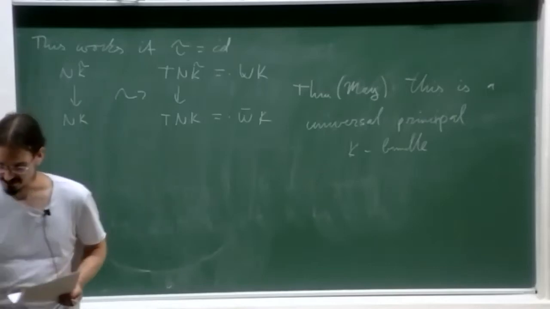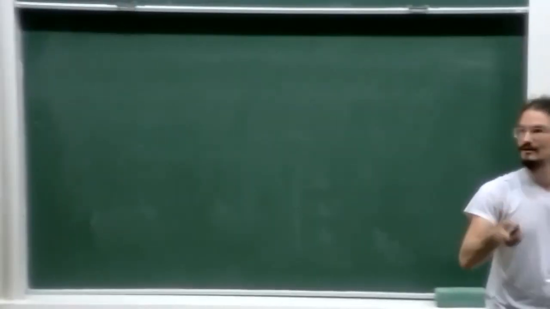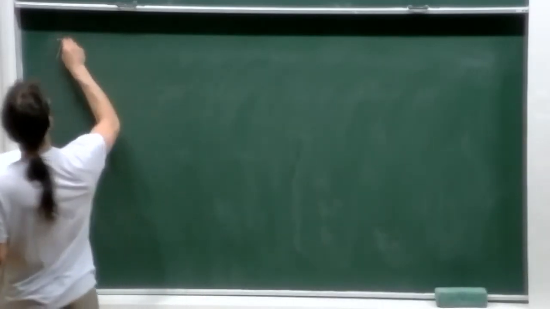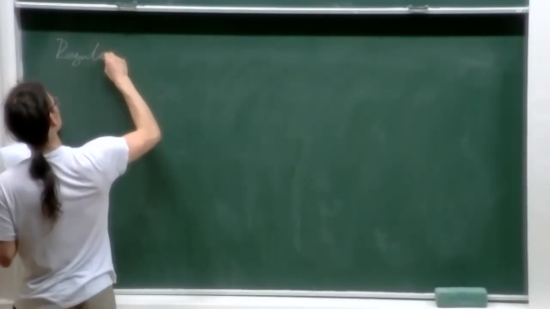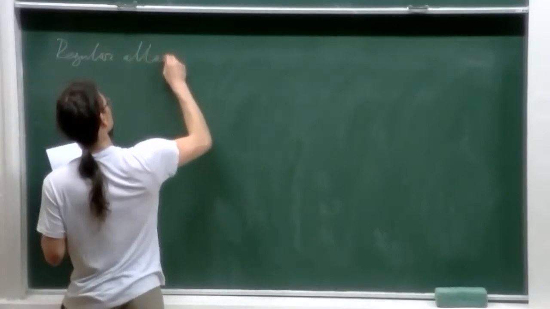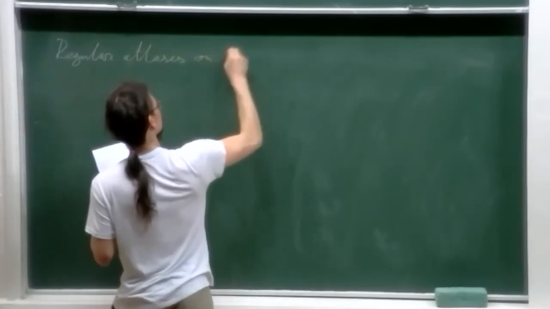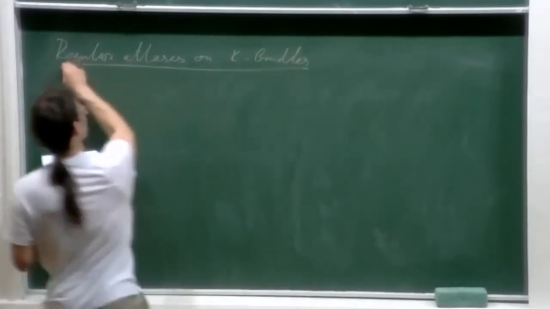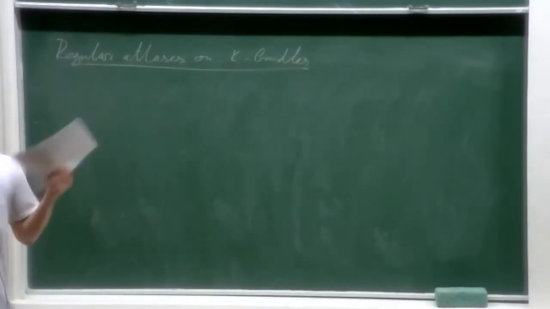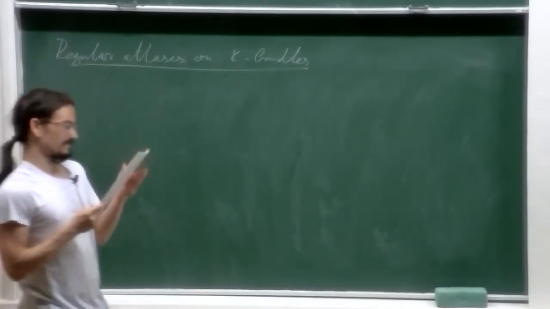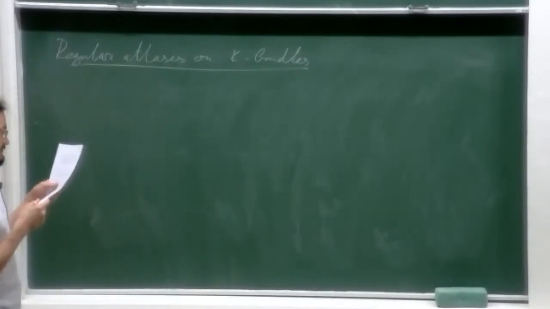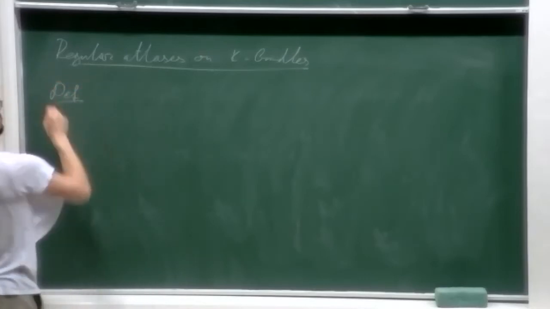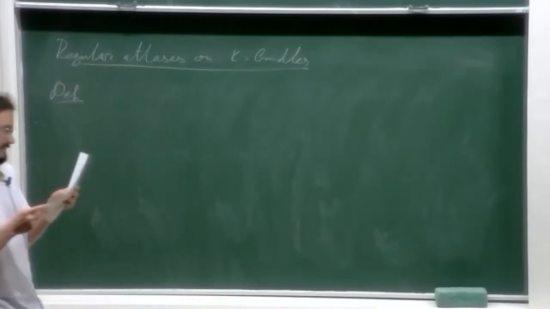So let's just recall regular atlases on a simplicial principal bundle. As far as atlases go, that's going to work similarly to the topological case. And I'm still going to follow May's approach.